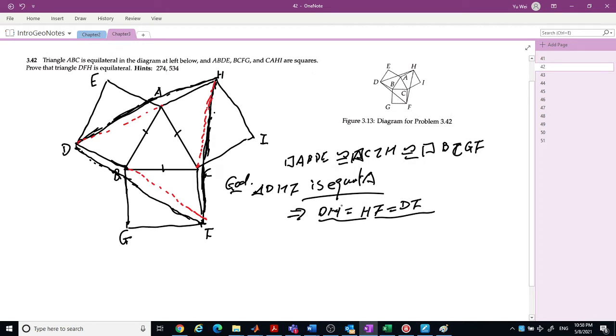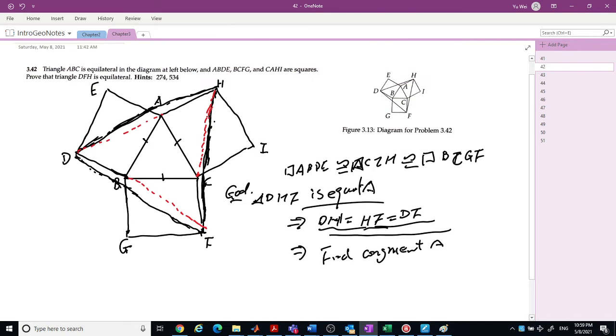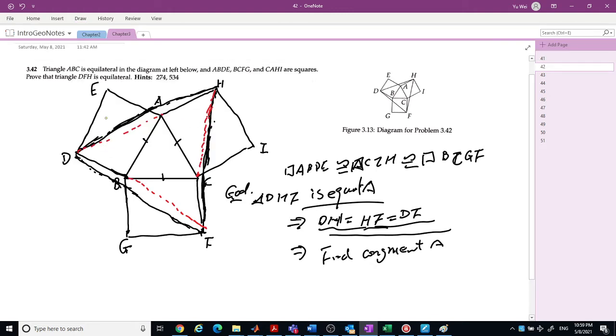When we want to prove sides, sides are hard to see, so we always want to find congruent triangles. How can we find those congruent triangles? We are talking about DH and HF, so let's see what the triangles are here. Let me change to another color. Geometry is pretty annoying, so I need colors to show you the triangles.